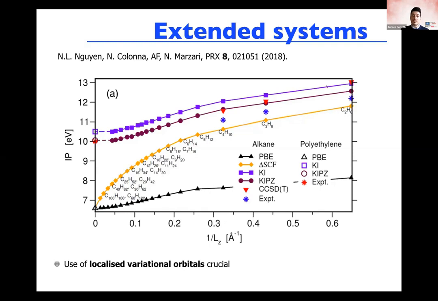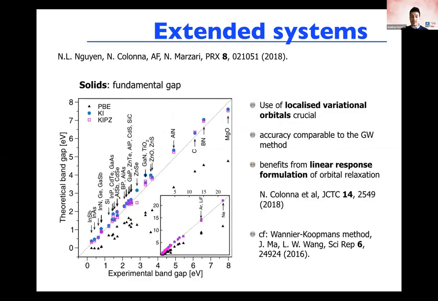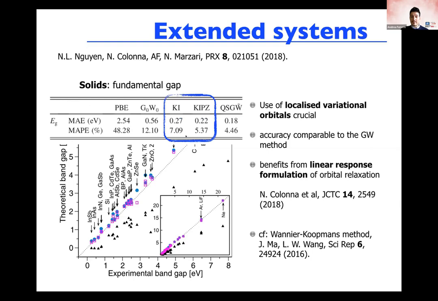Instead, if we work on localized orbitals and then build the correction, we are able to embody a real correction into the functional, even for solids. And this can be exploited to study band gaps. Here is the typical picture that we see very often for GW, and KIPZ really does a very good job.